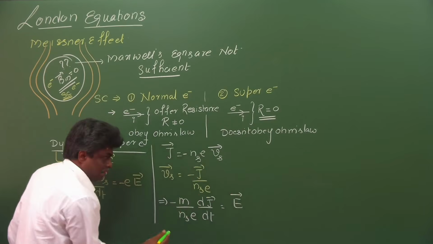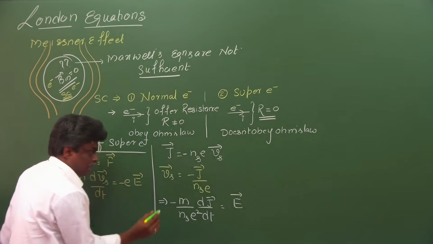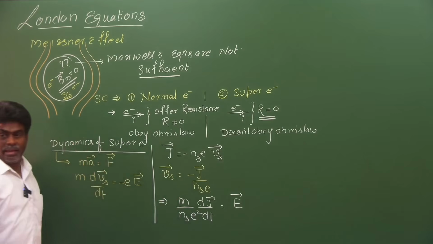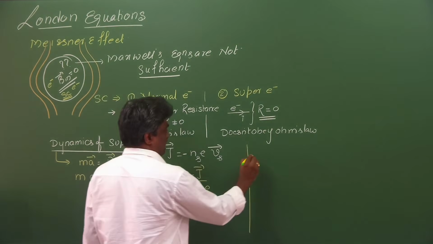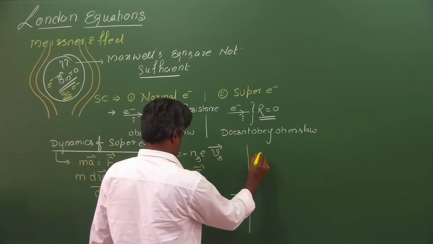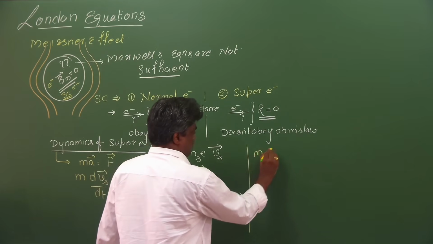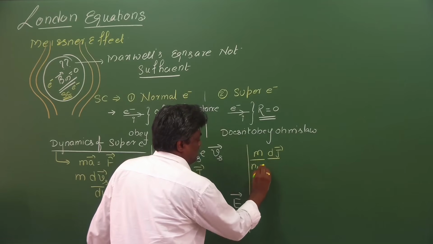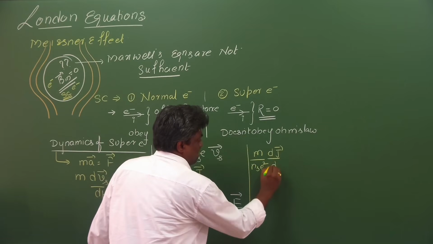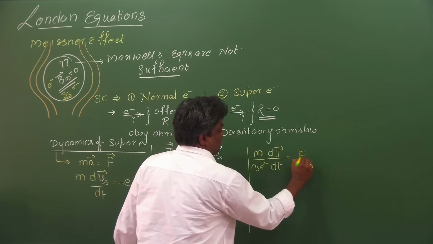Is it okay? So finally I got one equation: m by Ns e square dJ by dt equal to E bar.